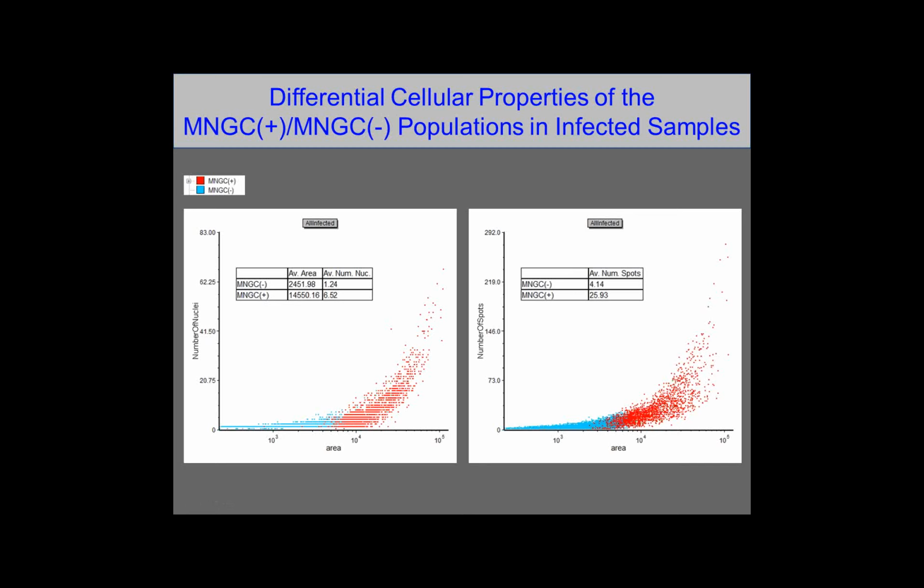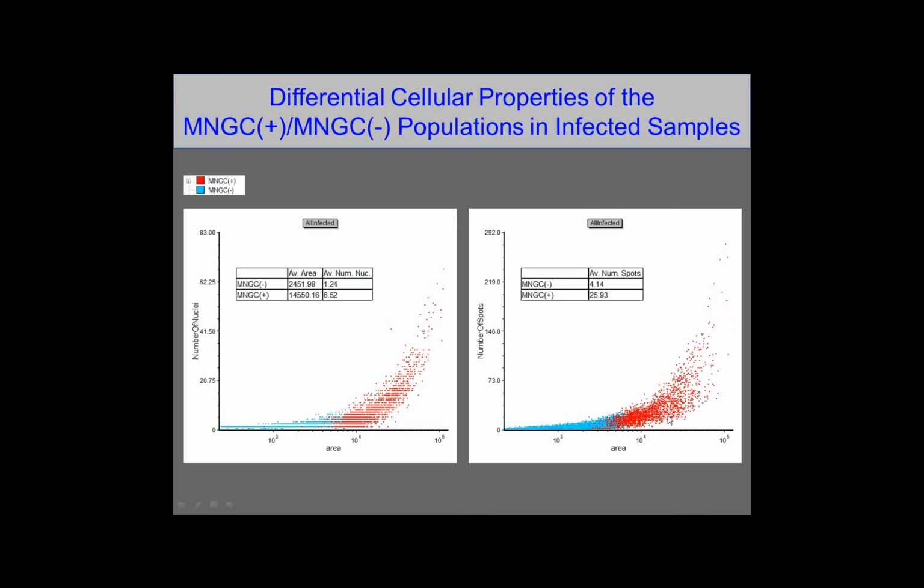When we created a dot plot, this time using number of spots on the axis, we see similar behavior. The cells that are part of the MNGC plus gate are not only larger, but also have a larger number of spots per cluster, which was also expected given the fact that they were much larger.